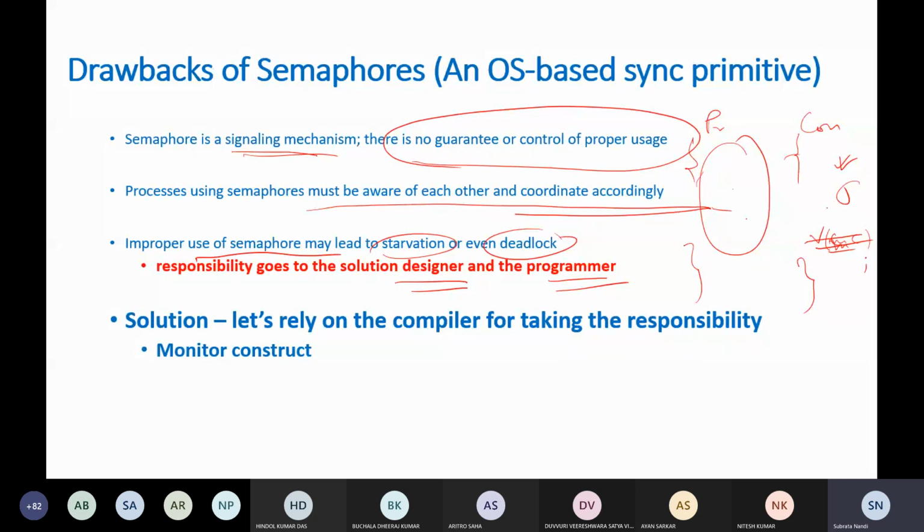So whether the code is reliable enough and should work properly depends on the designer's understanding and skill. And not only the designer: a very large, complex piece of software might involve multiple semaphores, some general, some binary, and there might be design bugs or programming bugs. The most unfortunate thing is you wrote an application today which involves semaphores, and you tested it thoroughly.